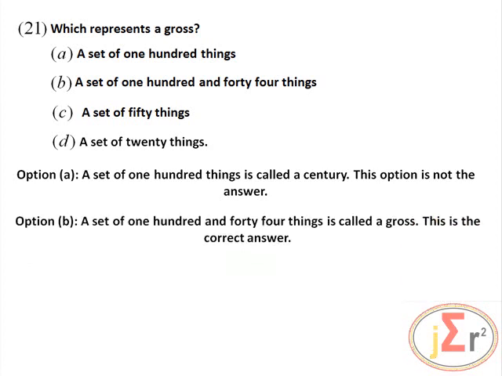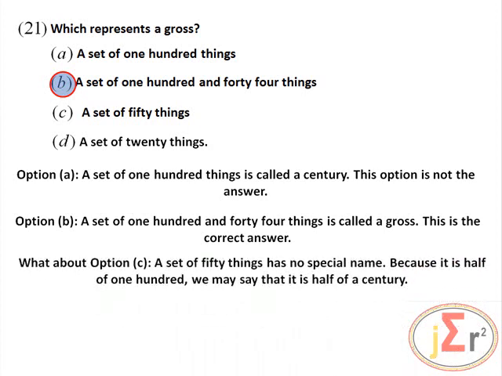What about option B? A set of 144 things is called a gross. This is the correct answer. So that's your gross, 144 things. No problem. However, although we have the correct answer, let us move and see what the other options say. What about option C?